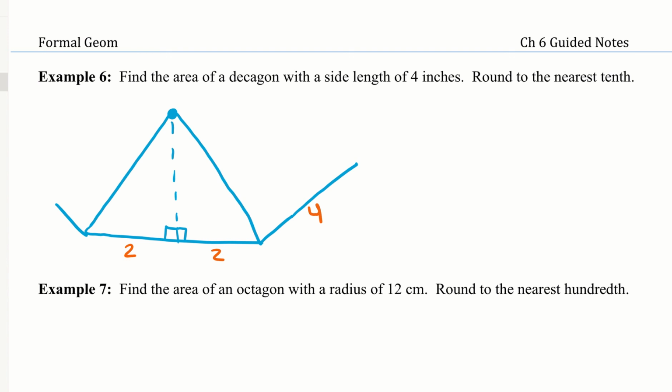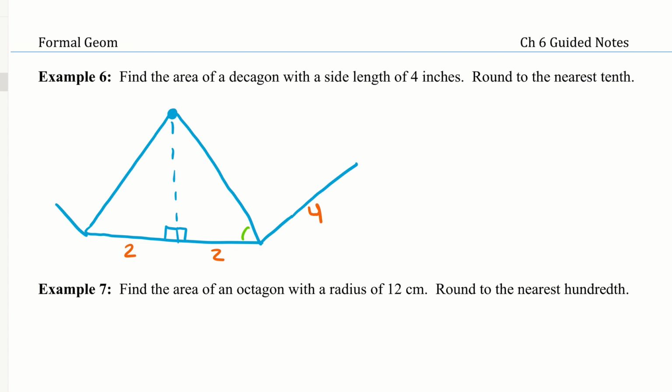Now here what we'll have to do is find either our central angle or our angle down here. I'm going to find the central angle, but just a reminder, you can find this angle down here by using that other formula, n minus 2 times 180 divided by n. But I'm going to find the central angle in this instance just because it's a little bit easier of a formula.